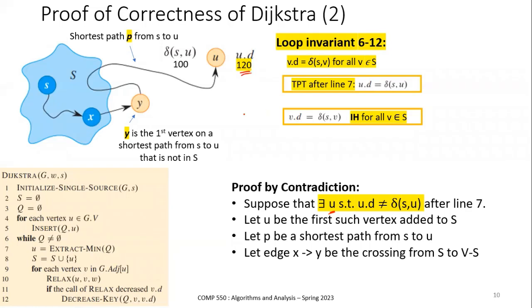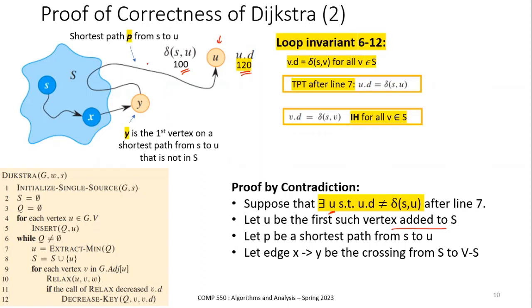The shortest path weight was 100, delta, and let's assume that U's estimate is not the shortest path weight, but some number larger than delta, let's say 120. Without loss of generality, we can say that U is the first such vertex added to S which has this property of its estimate not being the shortest path weight.